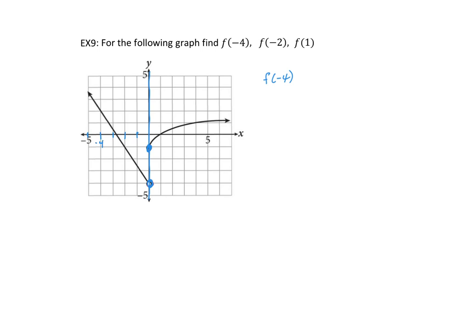So if x is negative 4 and I go to my graph, I get a y value of, again, we have 1, 2, 3, 4, 5, so I have a y value of 2.